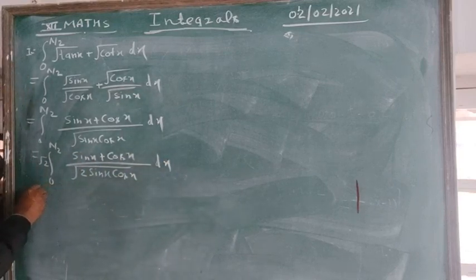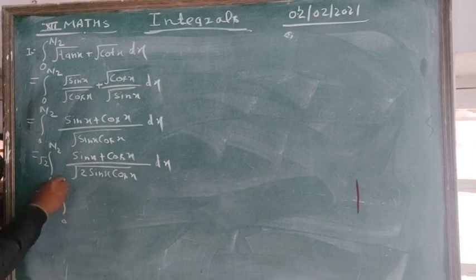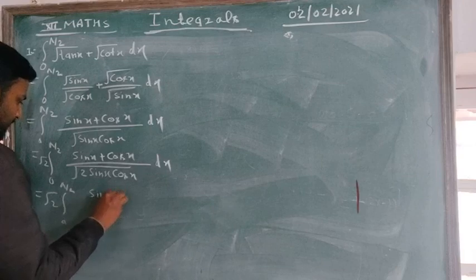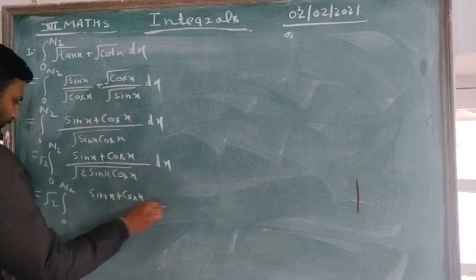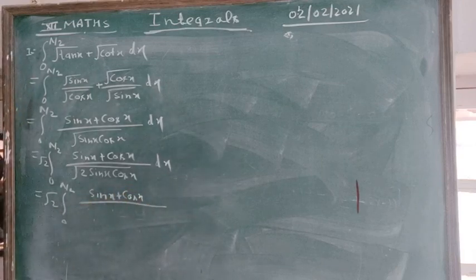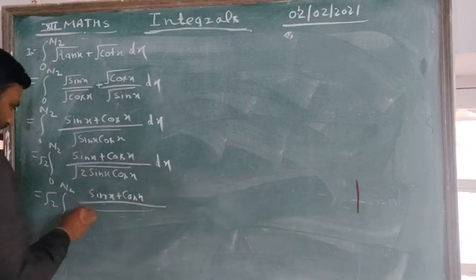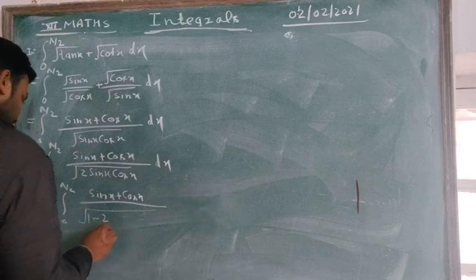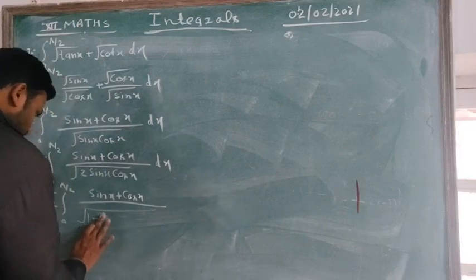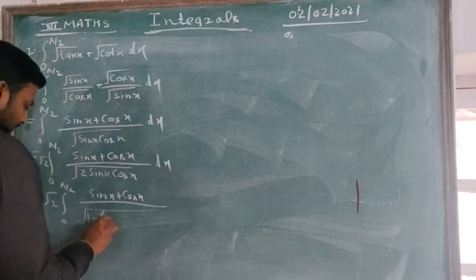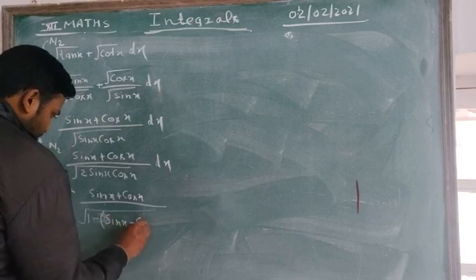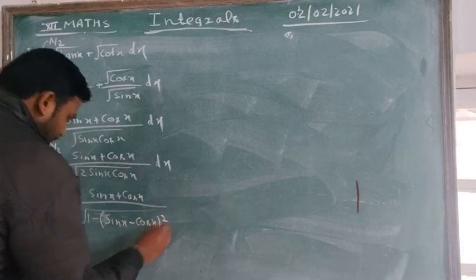Okay, now, students, this part we can write sin x plus cos x by under root 1 minus sin x minus cos x whole square.